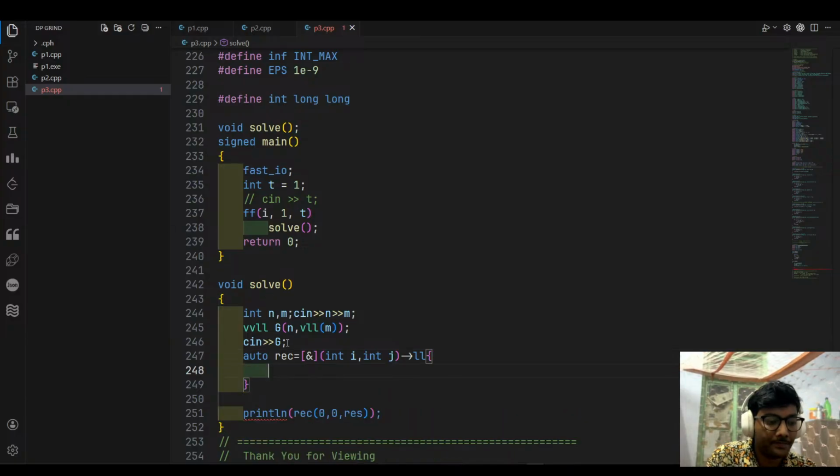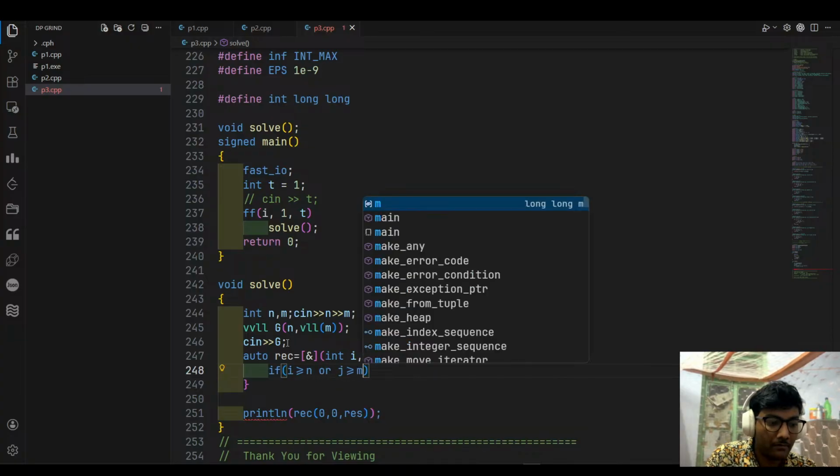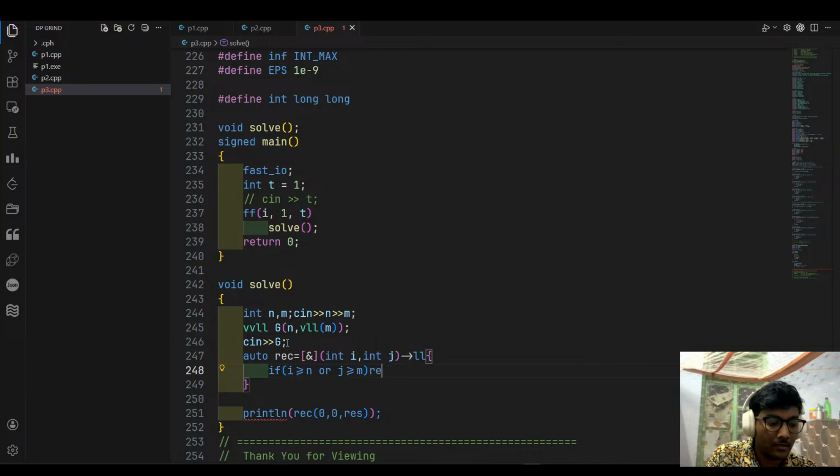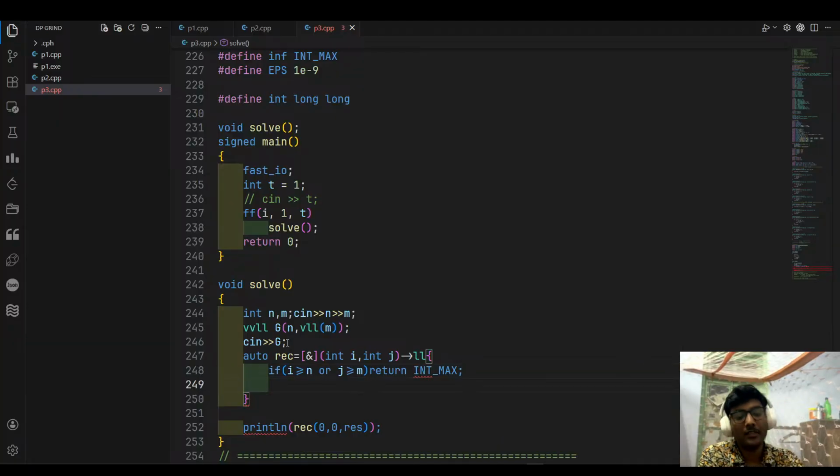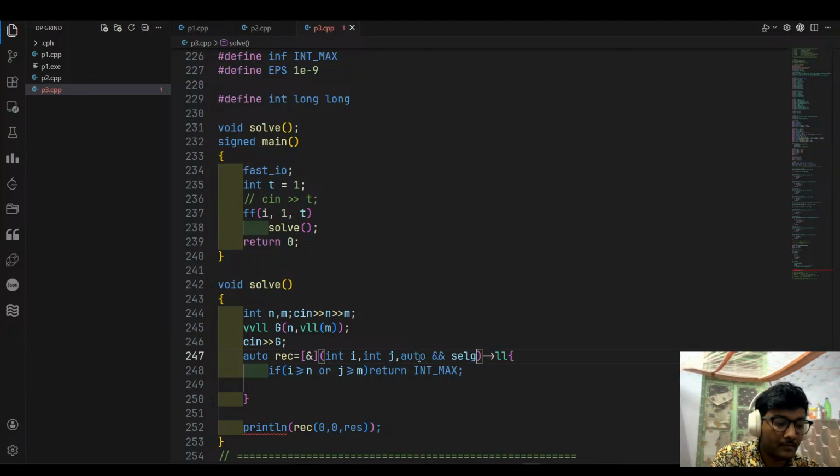So of course, if i is greater than or equal to n or j greater than or equal to n, we return int max because I want minimum cost path. So that can be considered as the default value. Of course, I should be passing self as well.